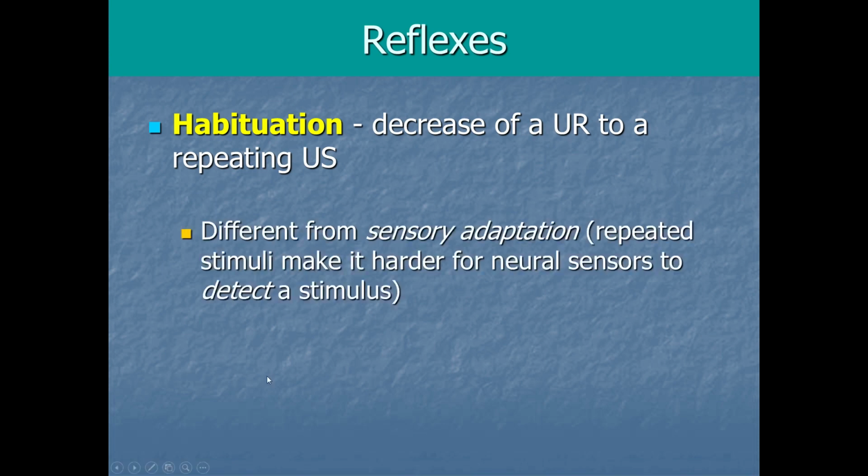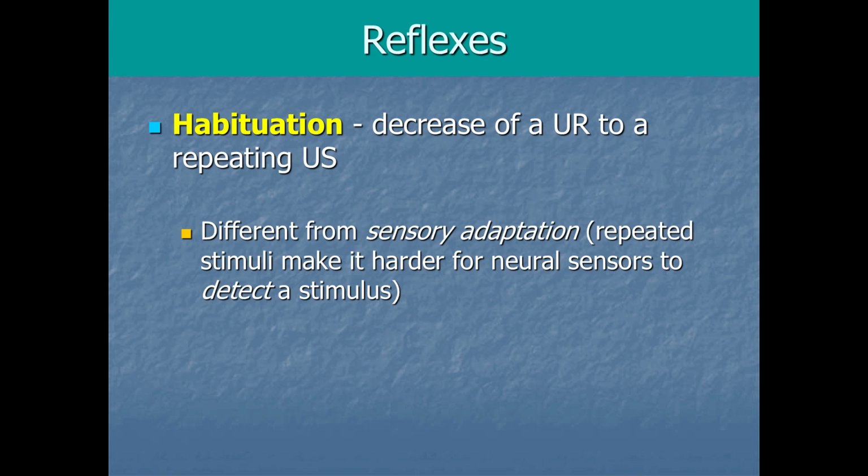Now, one important thing to note here is this is different from what's called sensory adaptation. That would be where repeated stimuli make it harder for your neural sensors to detect a stimulus. Like if you stare at a green circle long enough, those green detecting cones in your eye stop being able to detect green briefly. That's sensory adaptation, but that's not what's happening here.